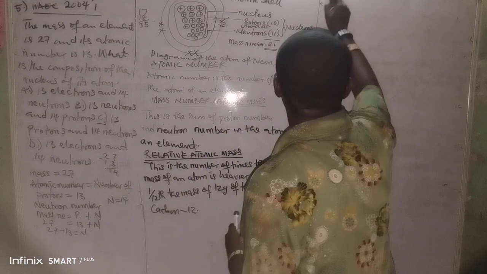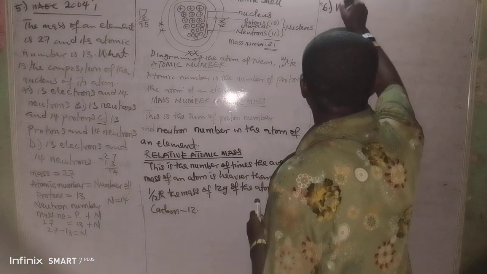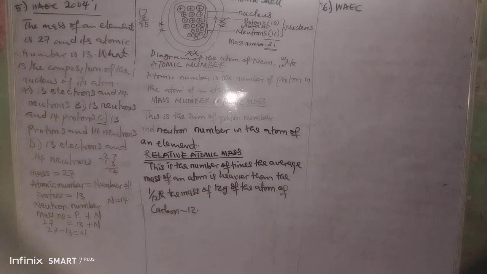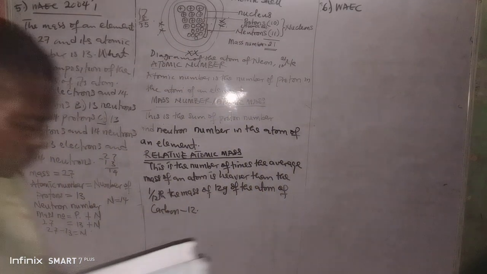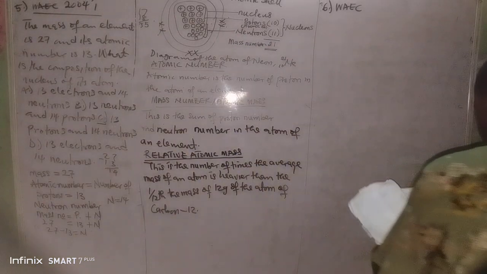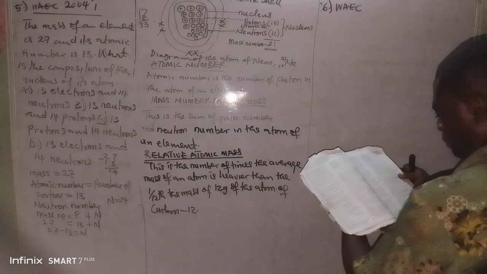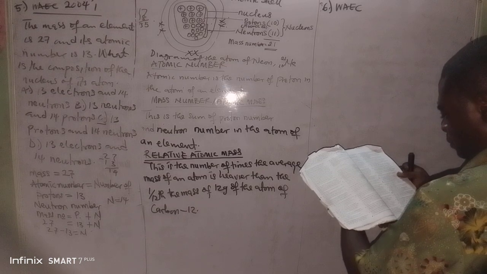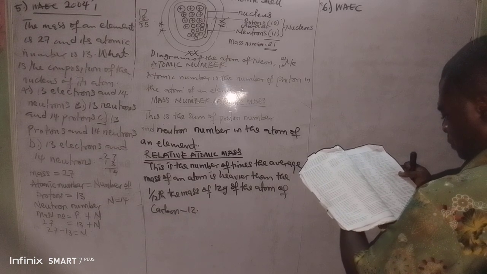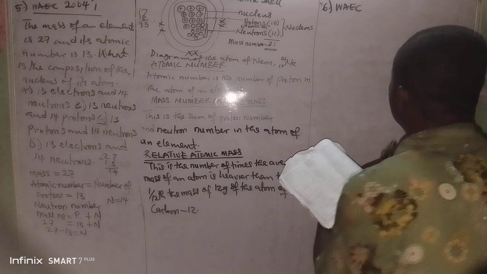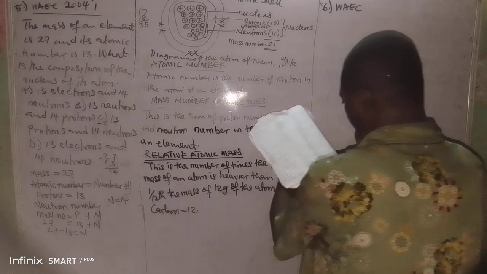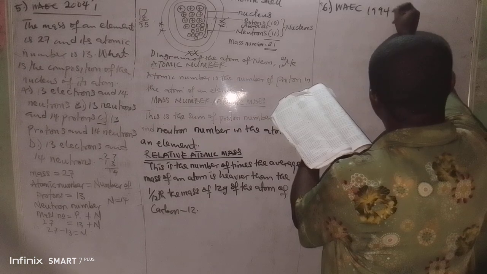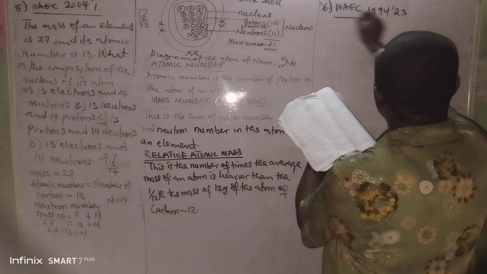Now, question 6. This is WAEC 1994, question 23.